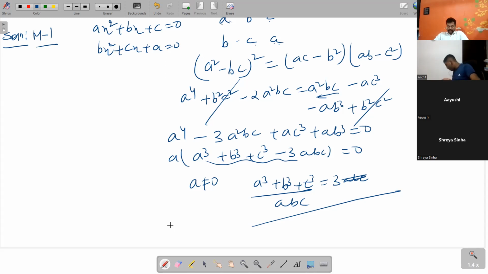Super shortcut. And this is 100% incorrect. Okay. This is incorrect. Okay, sir. Note it down.